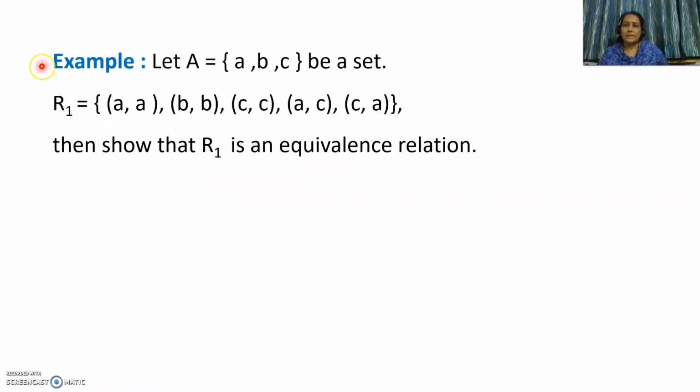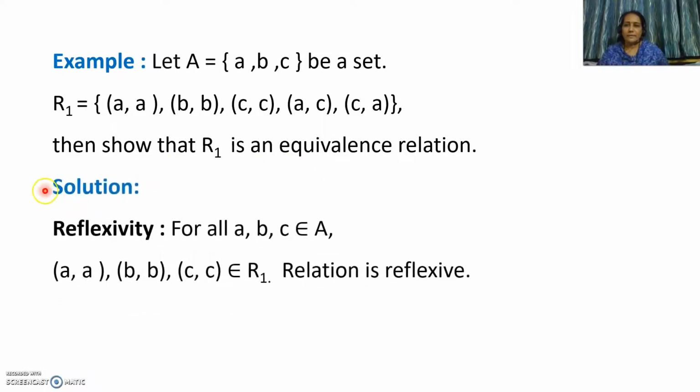Now we see an example. Let A = {a, b, c} be a set and R1 having elements (a,a), (b,b), (c,c), (a,c) and (c,a). Then show that R1 is an equivalence relation. Now we find the solution. For this, first we show that it is reflexive, symmetric and transitive.